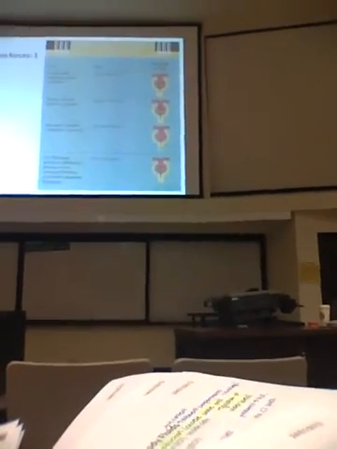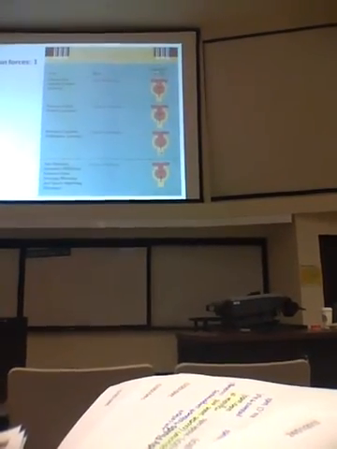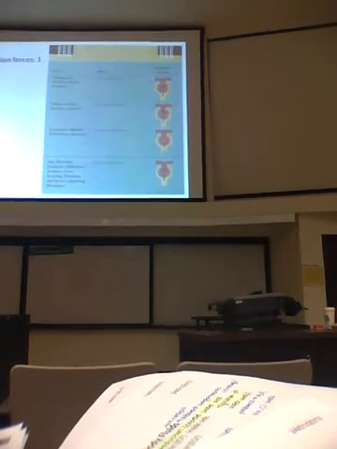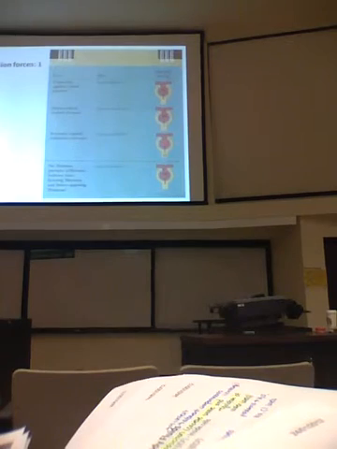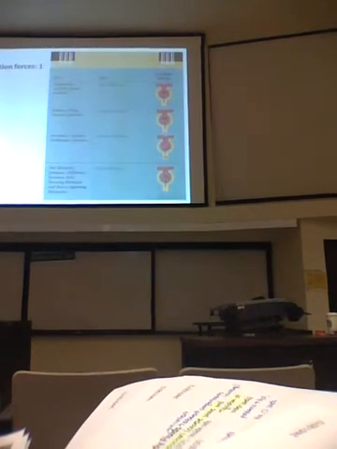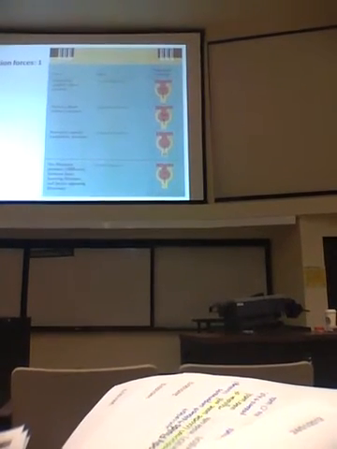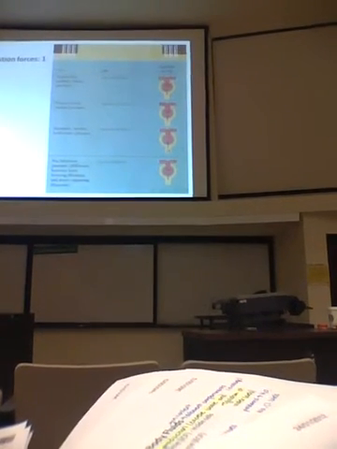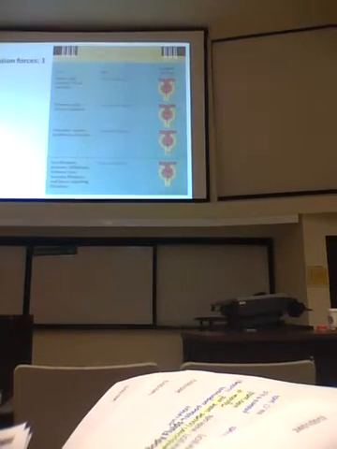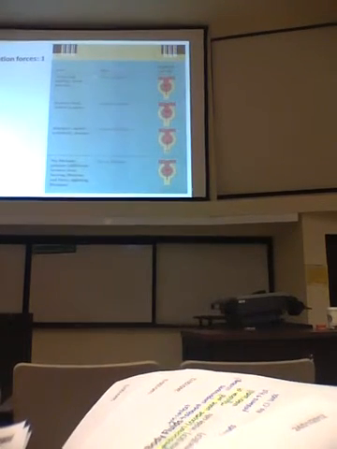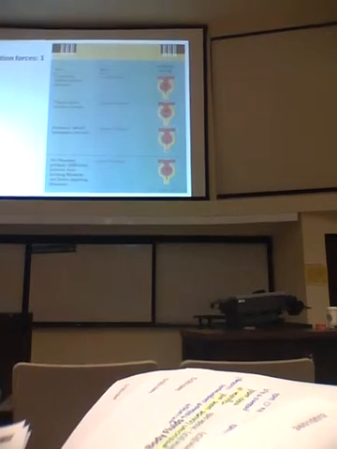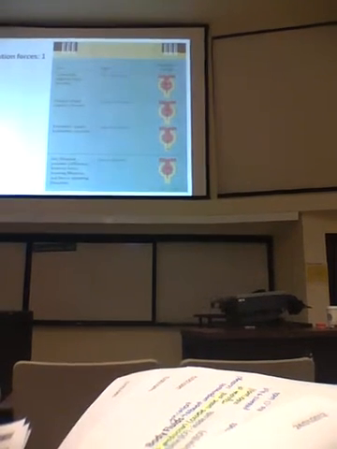First of all, favoring filtration going in this direction with this arrow, is the blood pressure in the capillaries. And these are rough figures, I'm going to show you the same picture again in the next slide, and the numbers are slightly different. It's not the actual numbers that are important here, it's the balance of forces. So in this picture, the blood pressure in the capillaries is about 55 millimeters of mercury.